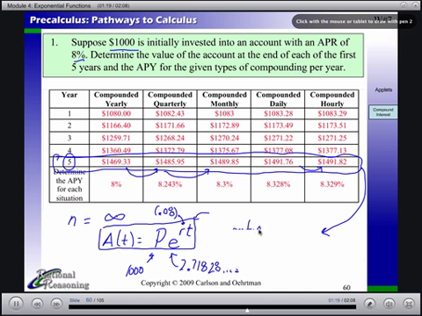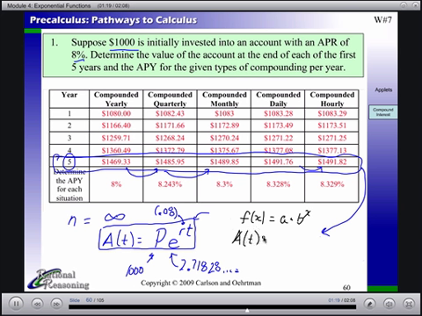Actually, it's kind of like we've come full circle. What was our general form for an exponential equation? A times b to the x. So a of t equals, what is a kind of like?